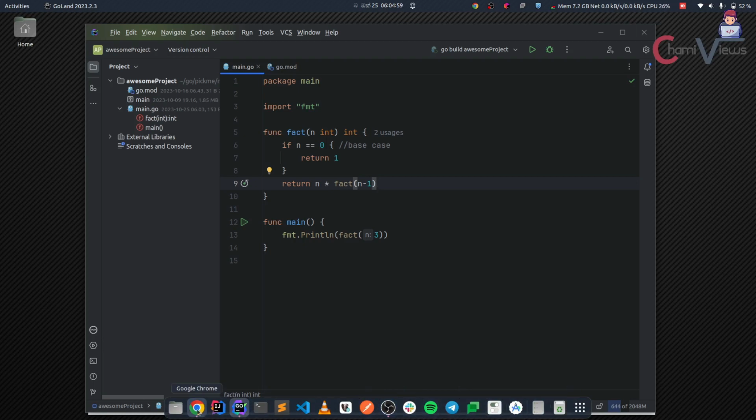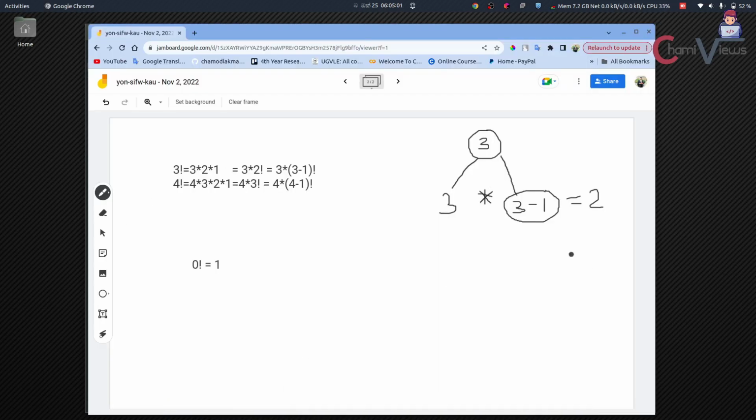I will write this out. Here it calls 2 multiplied by factorial of (2 minus 1), which is 1.